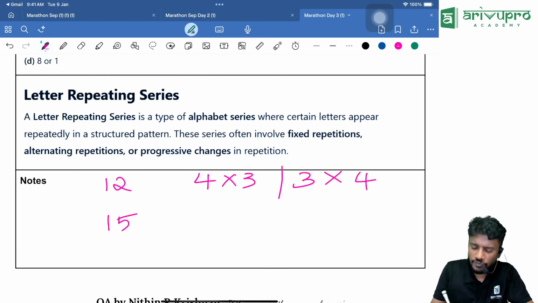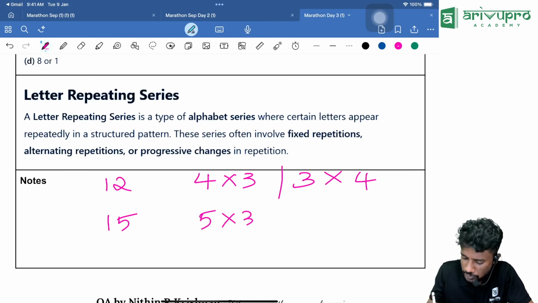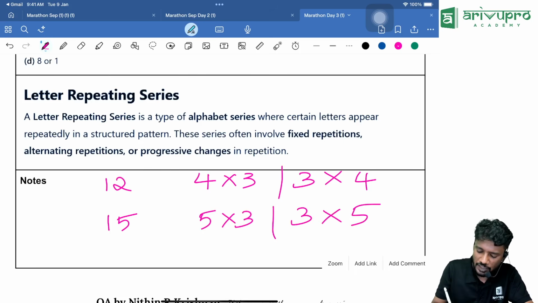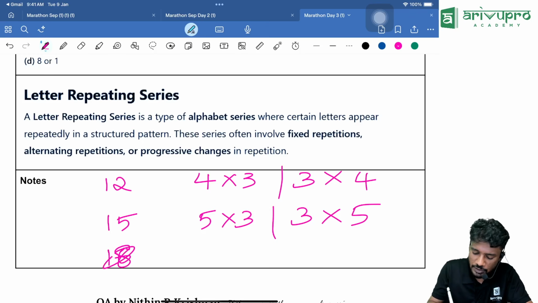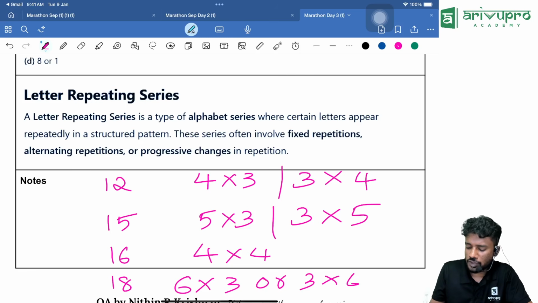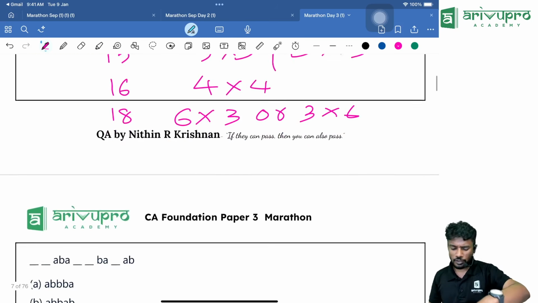Then when there is 15, I will split it as 5 letters of 3 each or 3 letters of 5 each. Then 16 means only 4 into 4. Then 18 means 6 into 3 or 3 into 6. Now I will show you how it will come for exam.